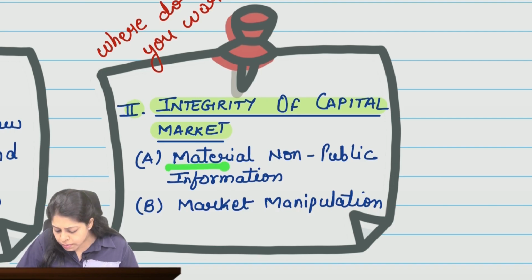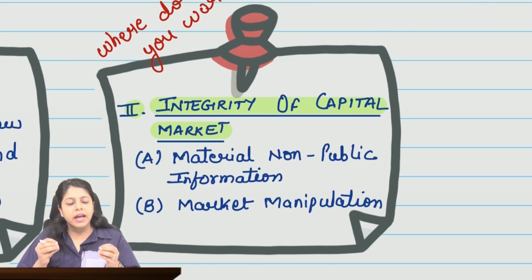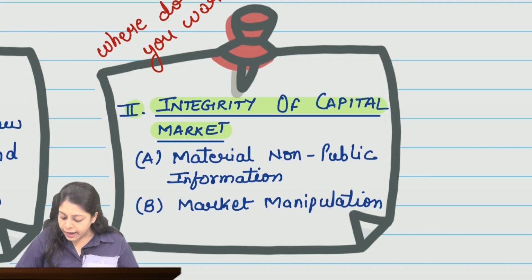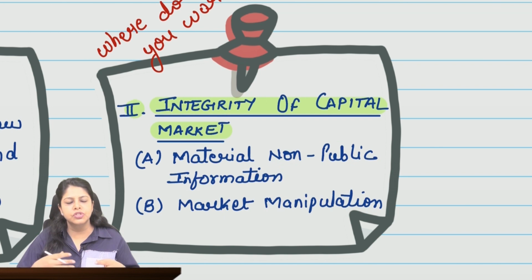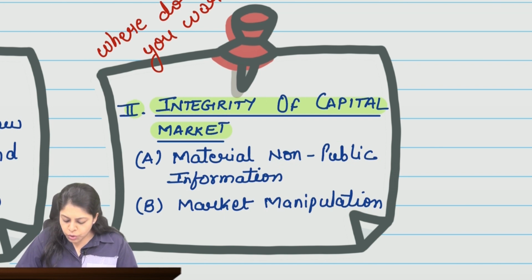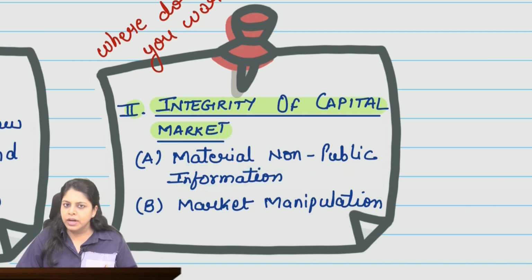We can call any information material only when it can fluctuate the price in the share market. It can actually fluctuate or hamper any company's reputation. Those are called material information, and non-public information is the confidential information which is not supposed to be known by other than a few people. So you must never use such information for your own benefit or for your client's benefit, and you should never let anybody else use this kind of information.